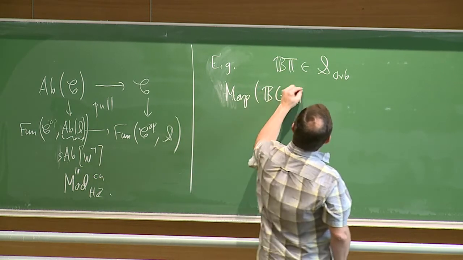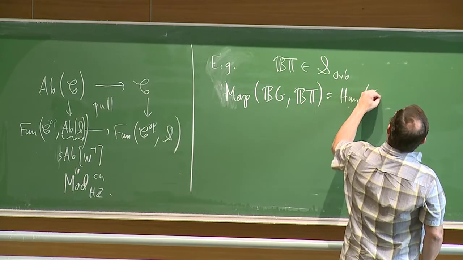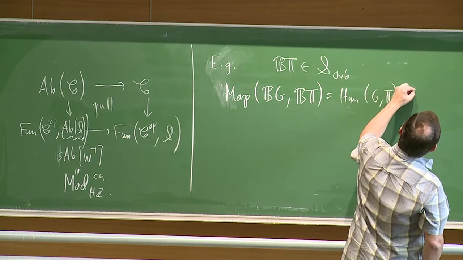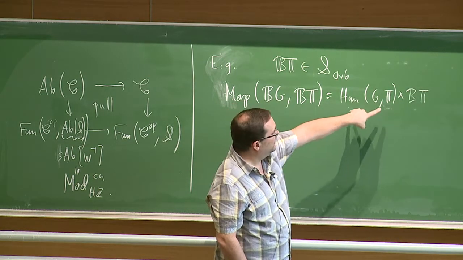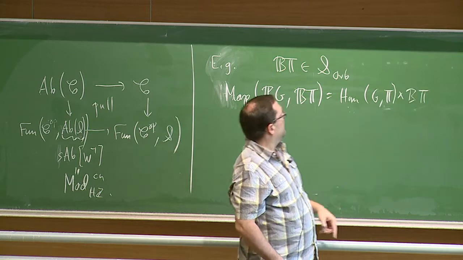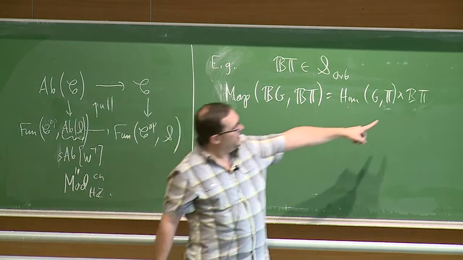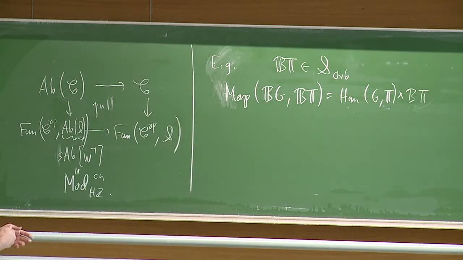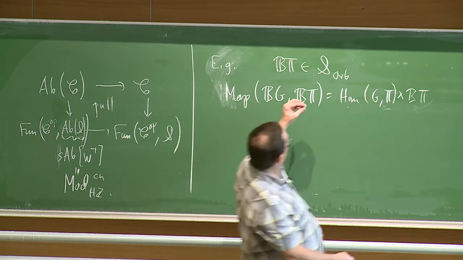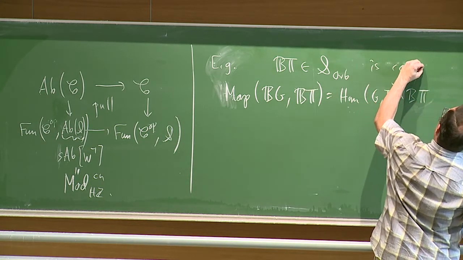Maps from BG to BT is hom(G, T) cross BT. So this is an abelian group, and this is a free abelian group on the pointed two-sphere, if you want. So it is canonically an abelian group object.